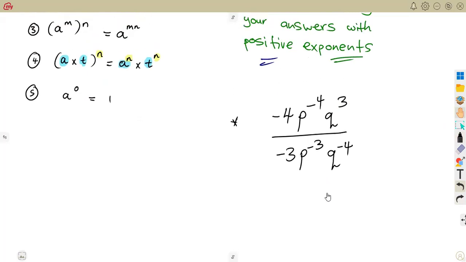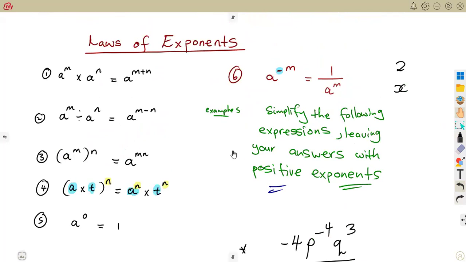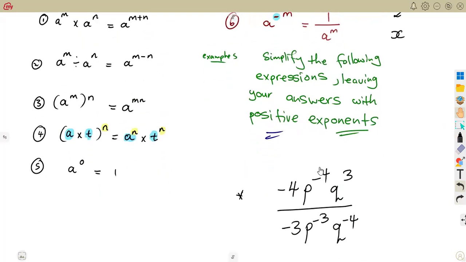All right, so according to our laws, guys, let's consider what we can use here. A division. Take note of this, a division that we are having on law number 2. It is the same thing, guys. A division is like this: a to the exponent of m over a to the exponent of n. That's a division, all right?